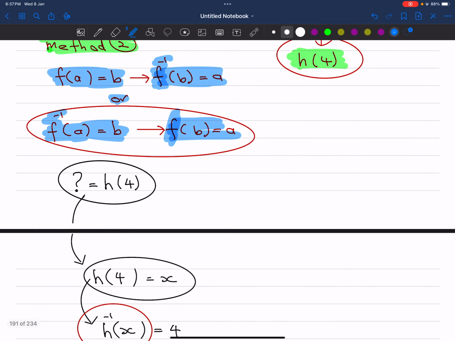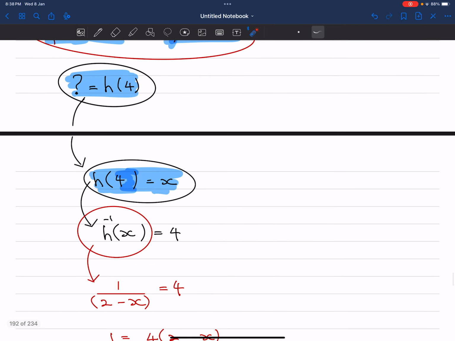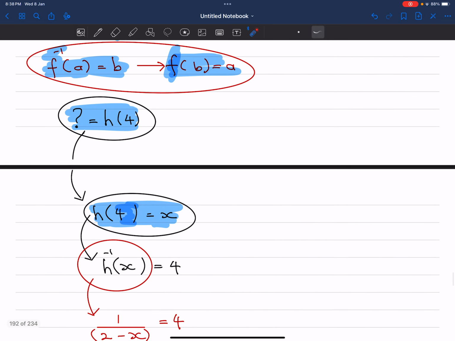Now they're asking h(4), and that h(4) that they are asking, I make it equal to x. You can use any alphabet. So finding h(4) means finding x. Remember, exchange. I'm going to take the 4, the object, put it outside as image, and the x, the image, I'm going to put inside, become object.